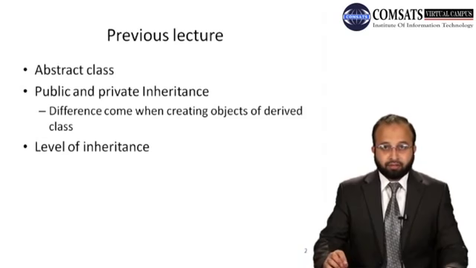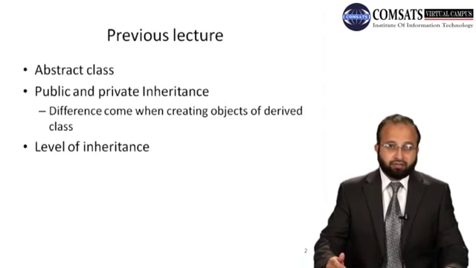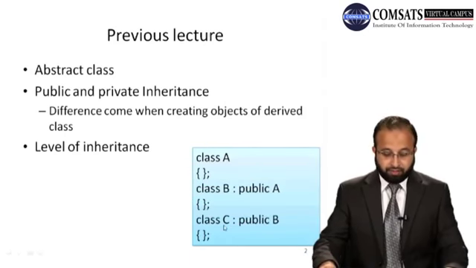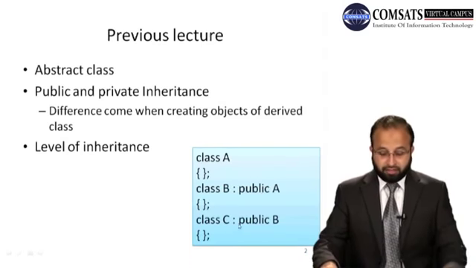Then we have seen levels of inheritance, or you can say a hierarchy of inheritance. Here come the terminologies of a direct base class and an indirect base class. The indirect base class is the base class of a base class, right? There is a derived class, it has a base class, and that base class has another base class; that upper base class becomes the indirect base class of the derived class. Like in this example, class B is derived from class A, and class C is inherited from class B, right?